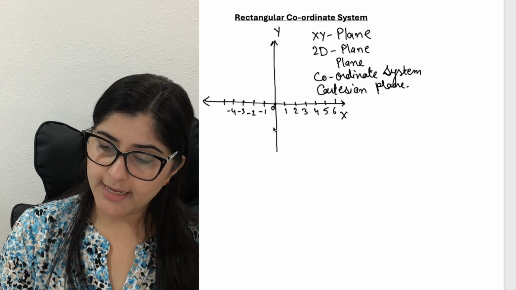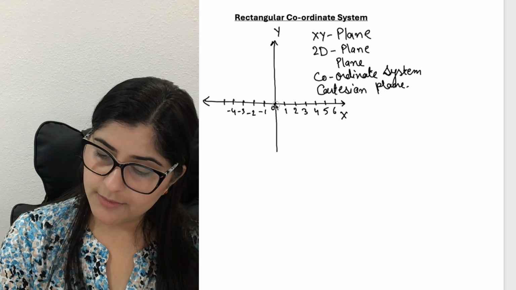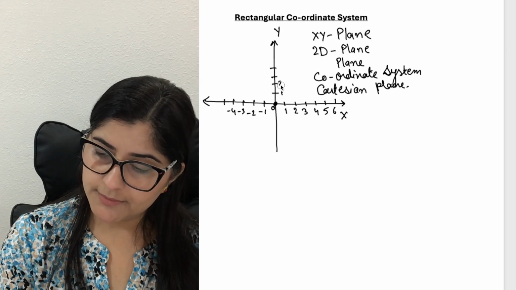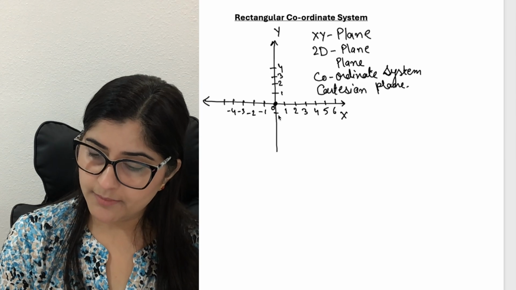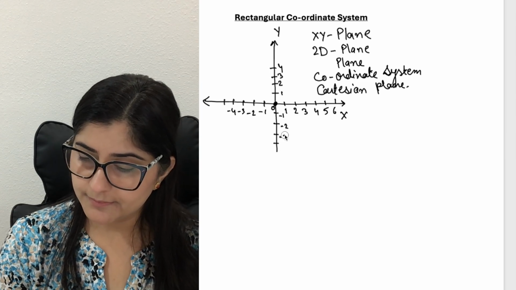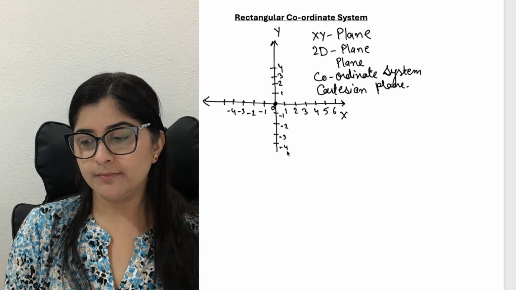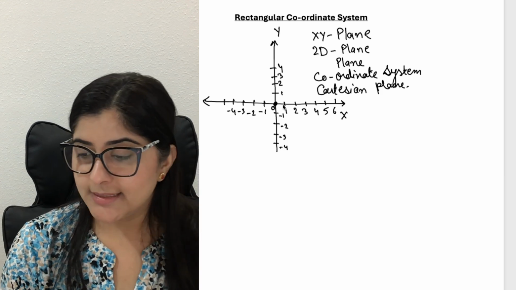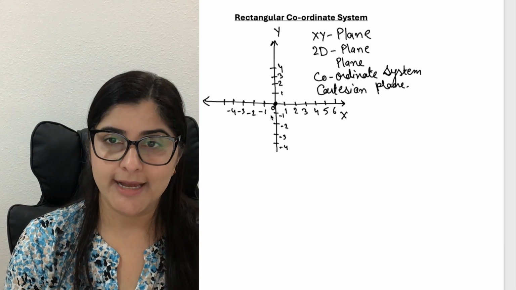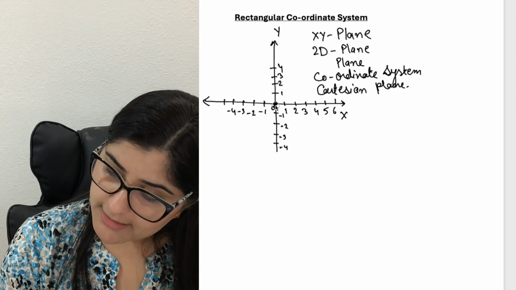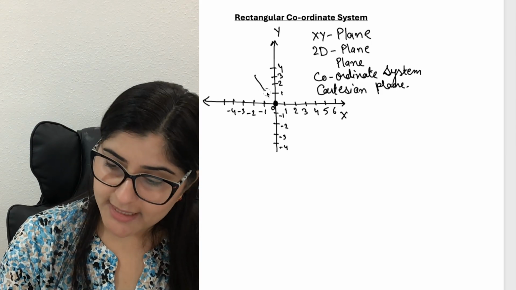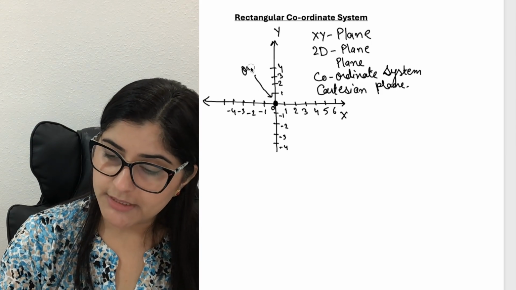And for the y-axis, here is 0, and these are the positive y values, and below we denote the negative y values. Make sure the scale is consistent on both the x-axis and y-axis. And this point where the x-axis and y-axis are meeting has a name. It is called the origin.